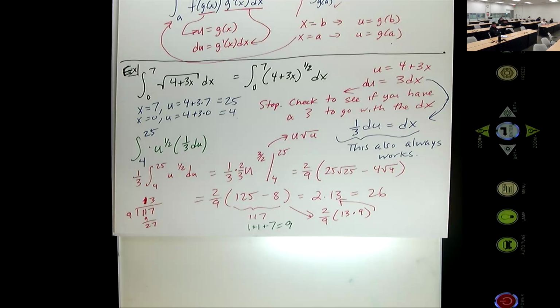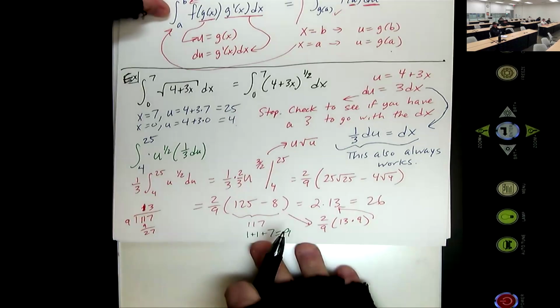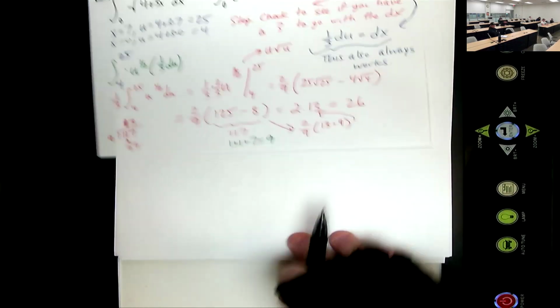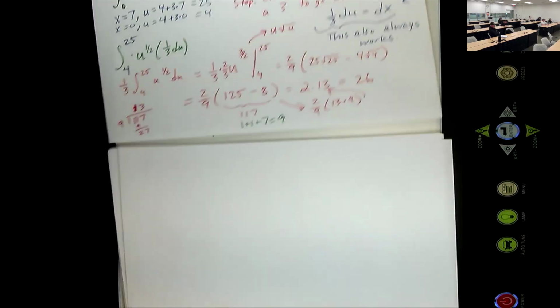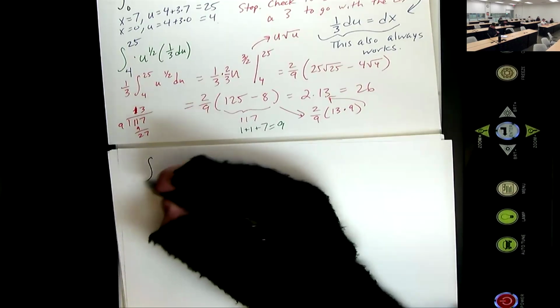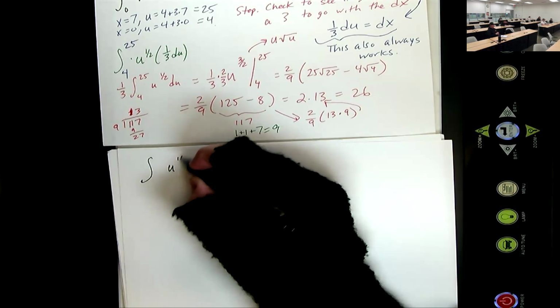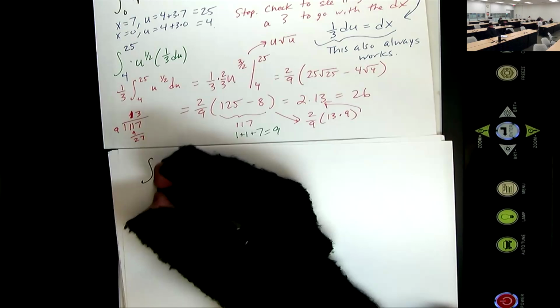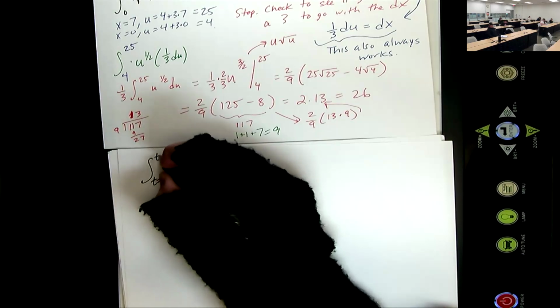The other way of going about doing that one is we could have had the u to the 1/2, 1/3 du, and I could have said t equals 0 to t equals 7.